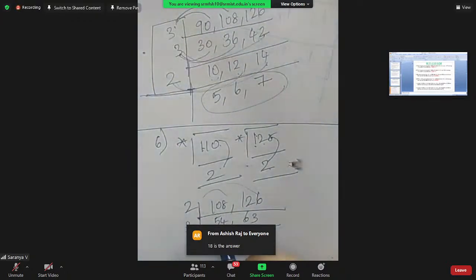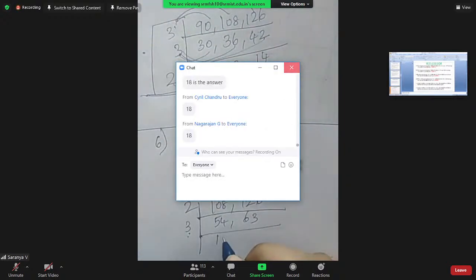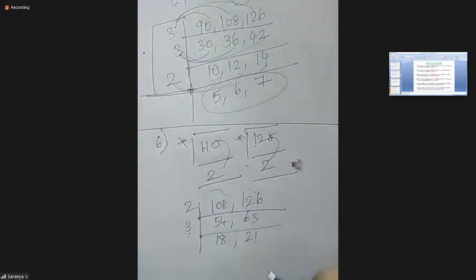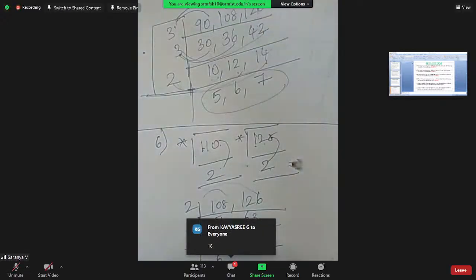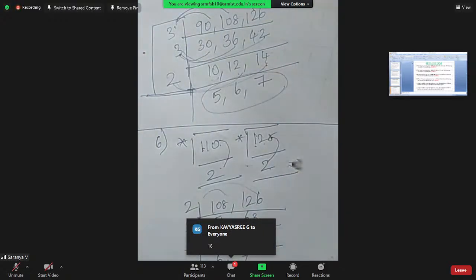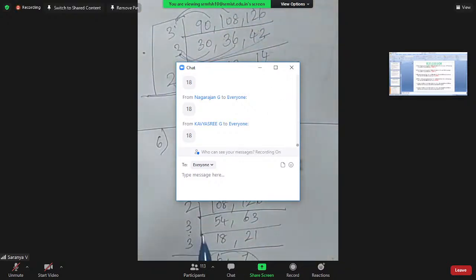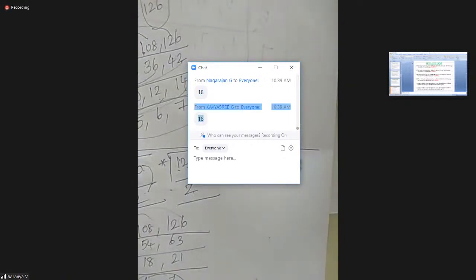So 1 3 is a 3, balance 24, 8 times and 21. Still we have a common factor, that is 3. 6 threes are and 7 threes are. So after that I'm not having any common factor for 6 and 7. So the answer is the same answer, right?